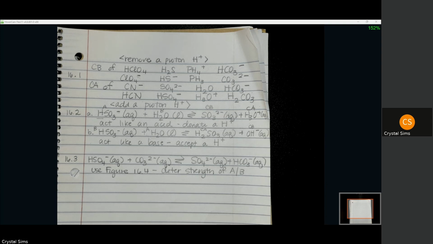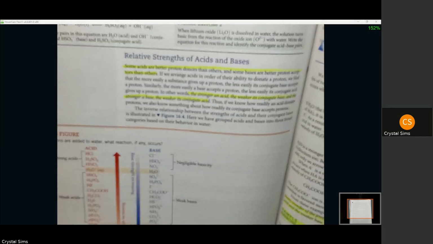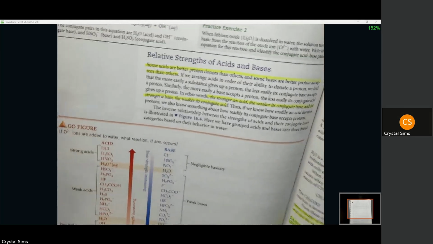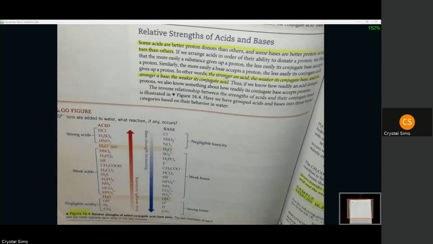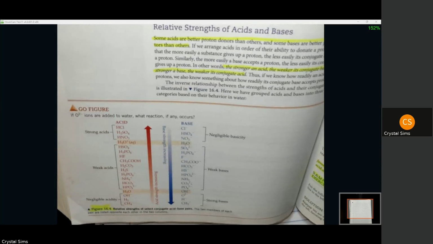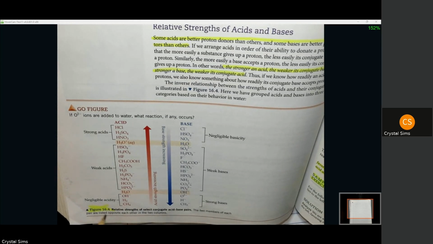What this does is it gives us the strengths of our conjugate acid-base pairs. So this is what we're going to be using for this question, all right? And we're going to find the acid that we're using here, which is HSO4.